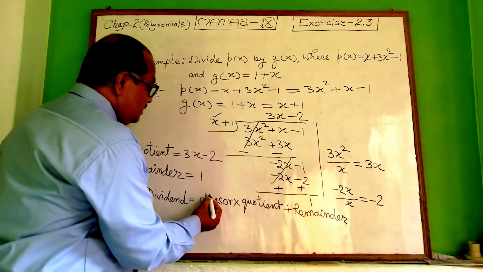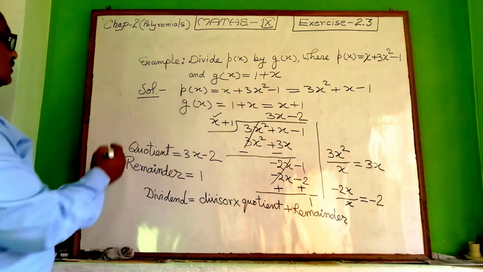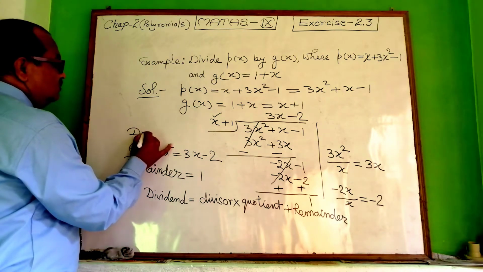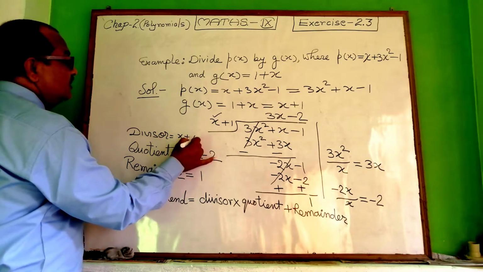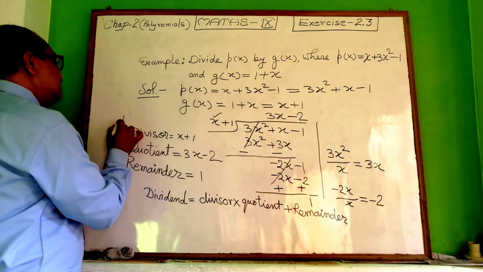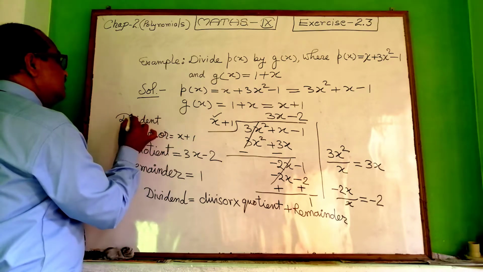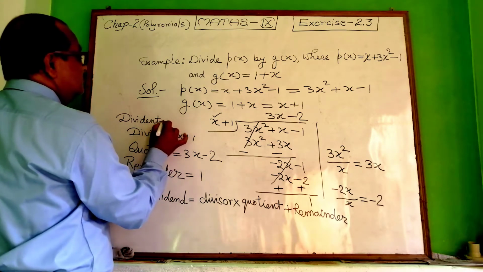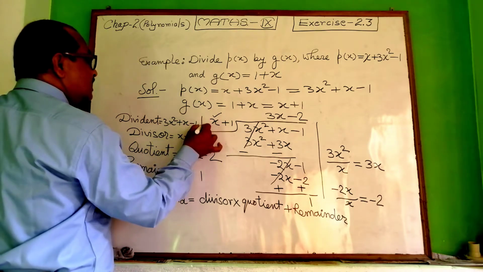Everything is known here. Quotient is known, remainder is known, divisor is known. Divisor is here x plus 1, and dividend is also known: 3x square plus x minus 1.